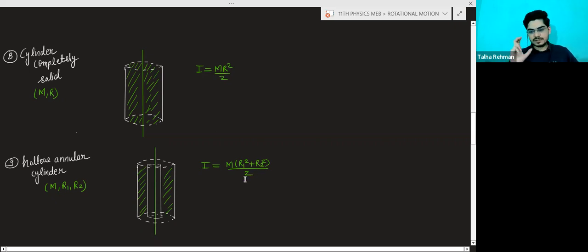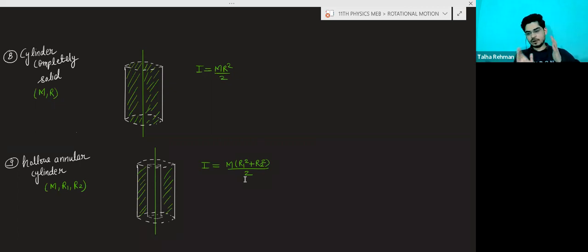You can compare the moment of inertia of the hollow cylinder with the ring, and the solid cylinder with the disc. Okay, write down.